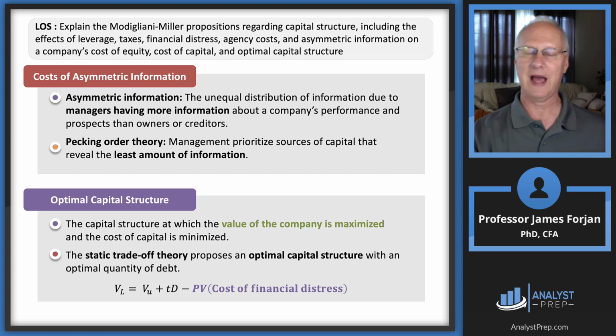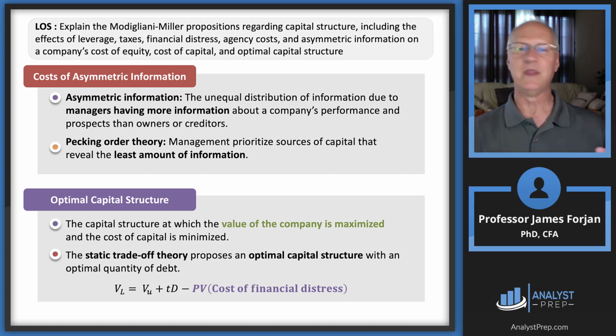So if you use that generalized equation at the bottom, you can see that firms will come up with an optimal capital structure. And notice there's a plus sign and a minus sign there. This is nothing more than what I said a few moments ago. It's a trade-off, now these are all in present value terms, between the marginal benefit of issuing a bond and the marginal cost of issuing a bond.